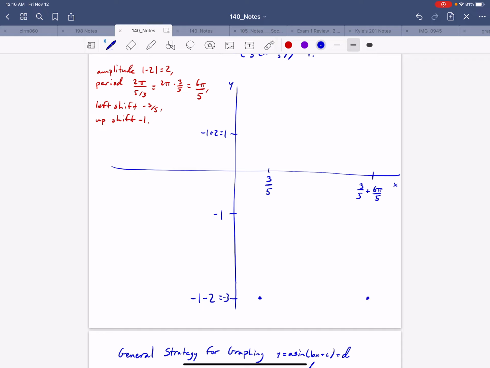And we're going to get as high as here in the middle. So let's try to connect that. Something like that, and there's our graph. Easy as pie.